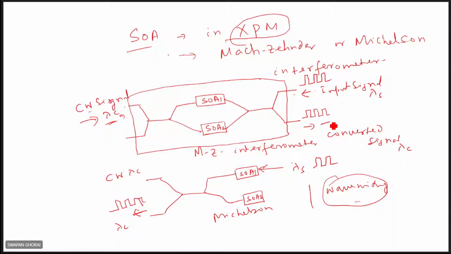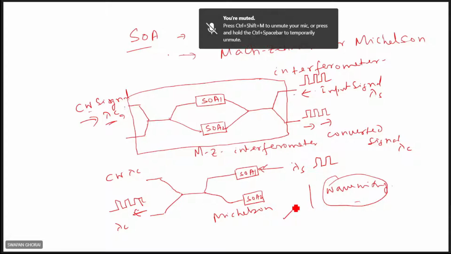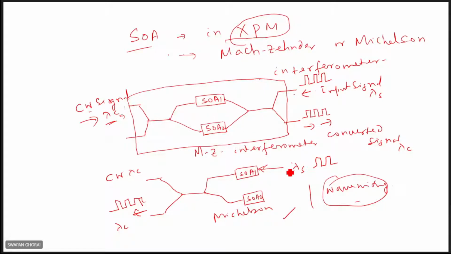You see it here. This configuration can also be the Michelson type. Here it is not a closed interferometer, it is an open interferometer. Here the continuous signal is launched from this side, and there is a return path.